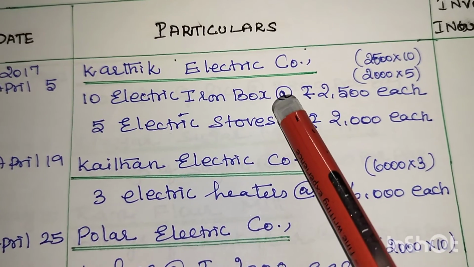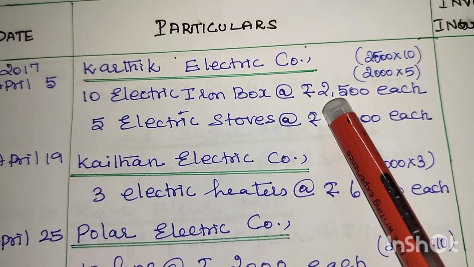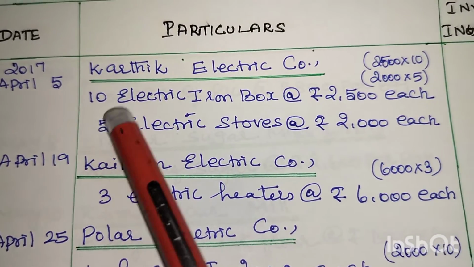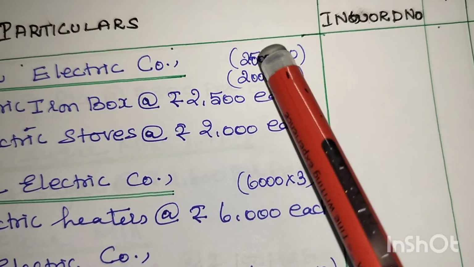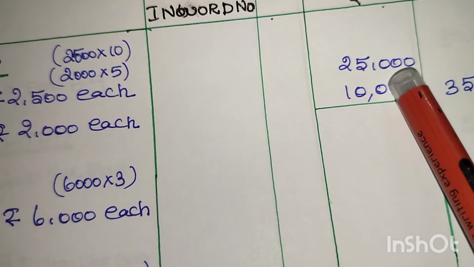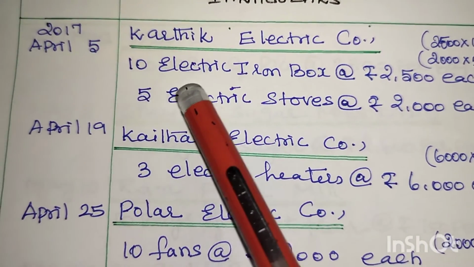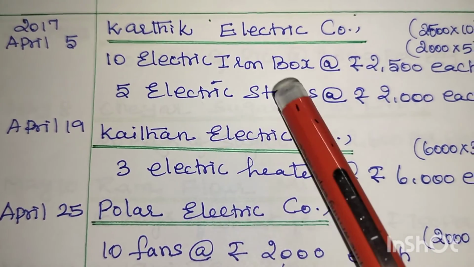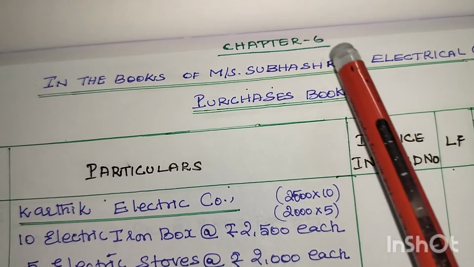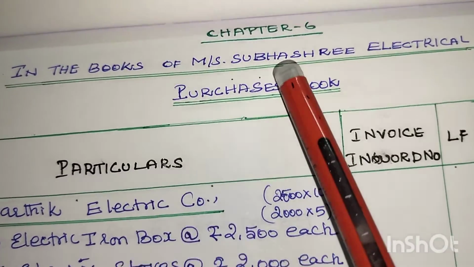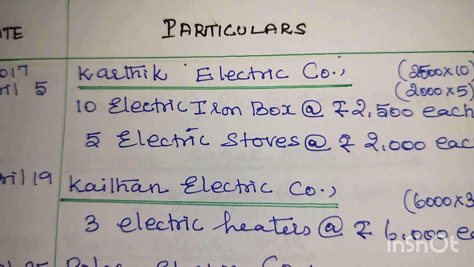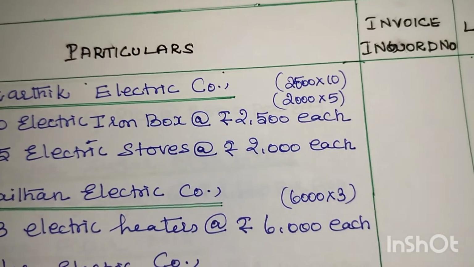So the rate per electric iron box is 2500. Then how much rupees for 10 electric iron boxes? For that we have to multiply 2500 into 10. We will get 25,000, right? Then we purchased 5 electric stoves. We means here Miss Subsidiary Electric Company. You run the business in the name of Miss Subsidiary Electric Company. You purchased 5 electric stoves at rupees 2000 each, right?